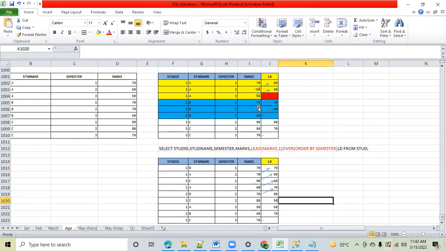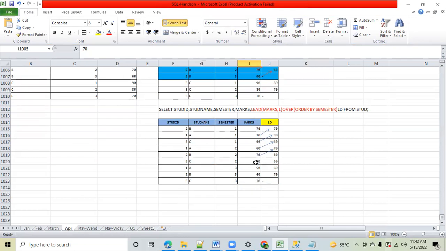Hope you have understood why this 70 was not shifted here, while here all the values are getting shifted. Because here you have mentioned partition, so this value cannot enter this region. This is a different territory. But here there is no partition, so all the values are getting shifted by one position in the upward direction. And that's why the name is lead.